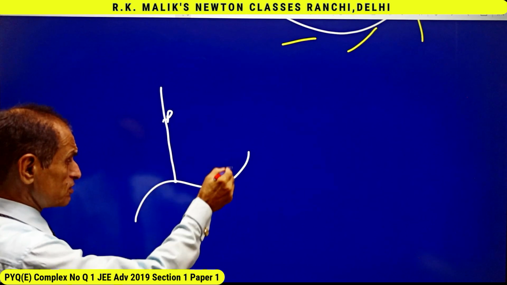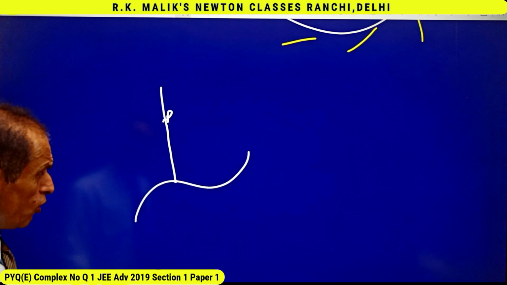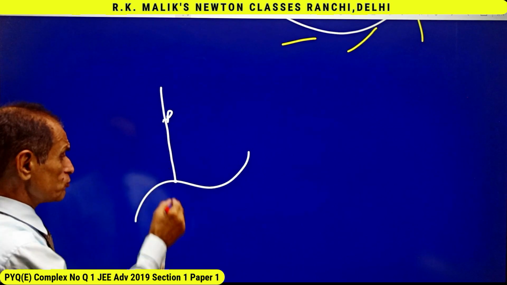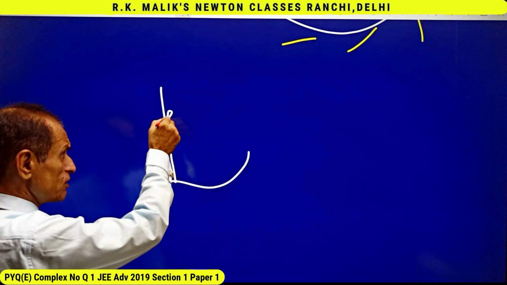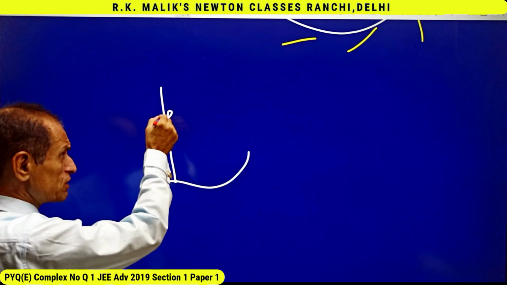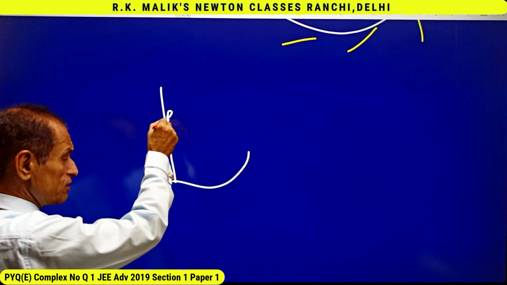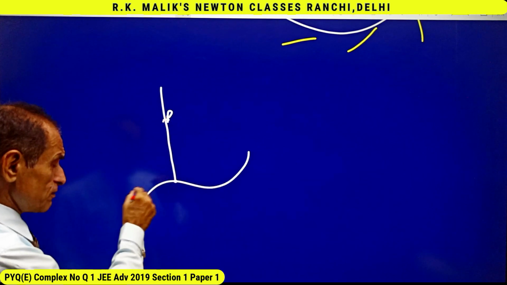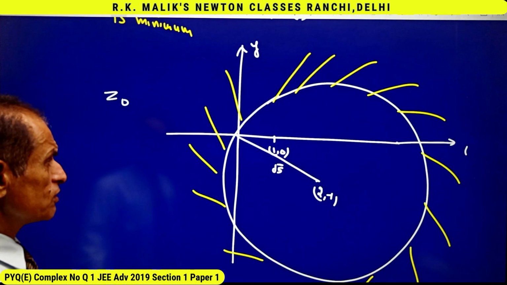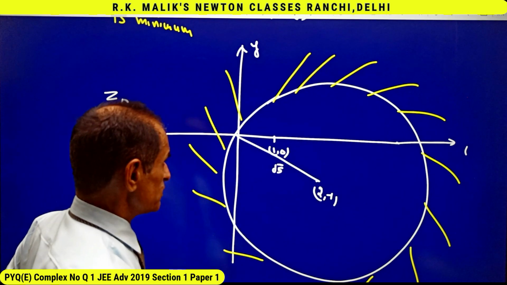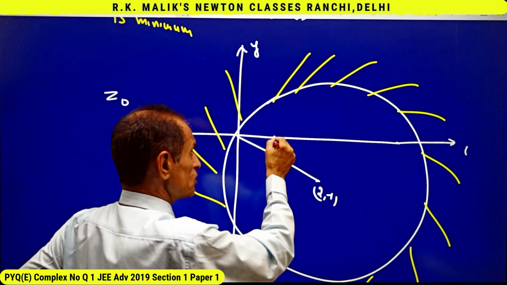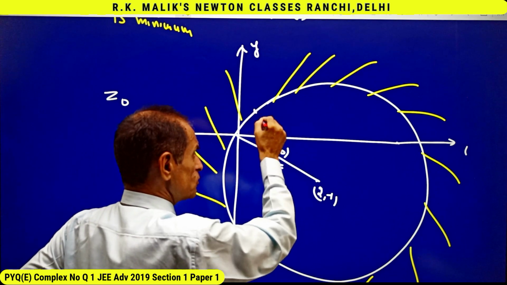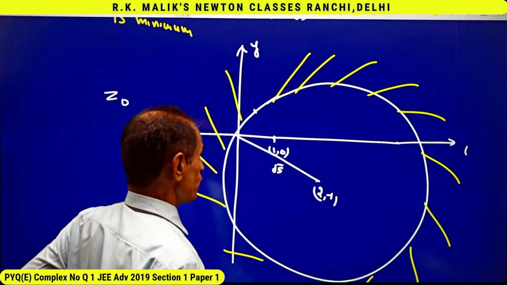That is, on this curve, find all those points whose normal is passing through the point P. The point of this curve which is nearest to this or which is farthest from it will be one of these points. Therefore, out of all these points, the point which is nearest to the point 1 0, the normal at that point will be passing through the point 1 0.